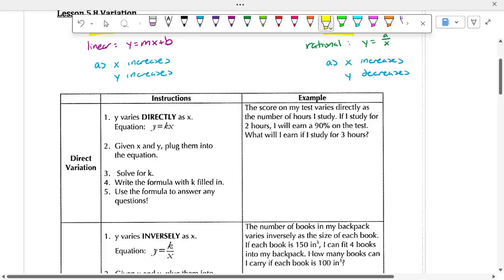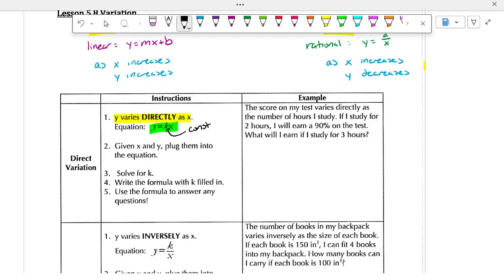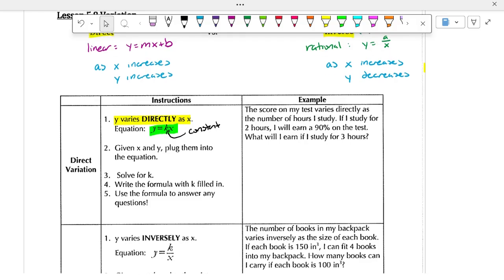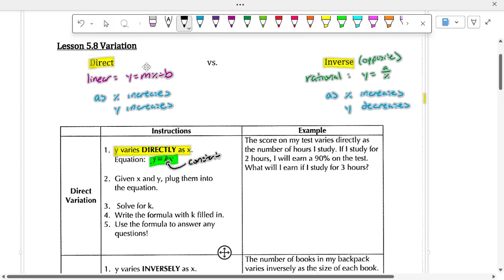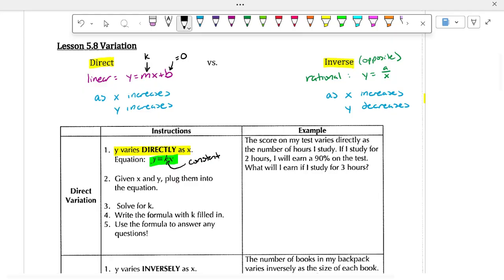So typically, if you're dealing with direct variation, you'll see it listed as this. Y varies directly as x, and the formula is y equals kx, where k is a constant. So if I look back up here, this m would be k, and the b, or the y-intercept, would be equal to 0.